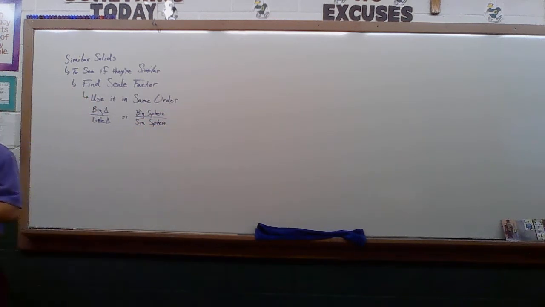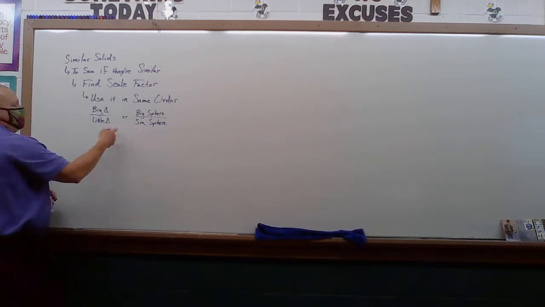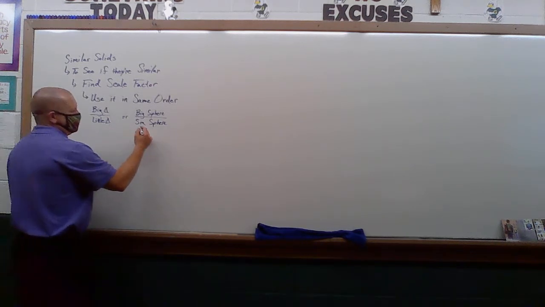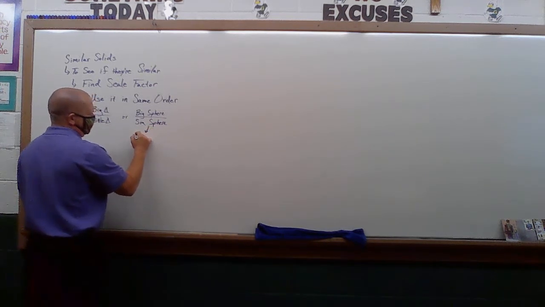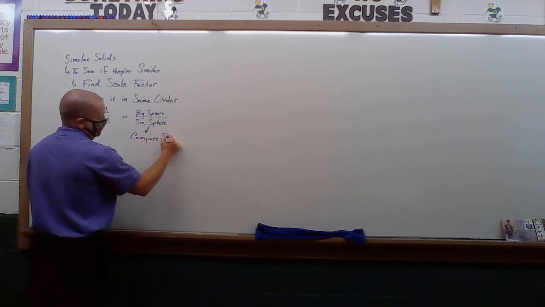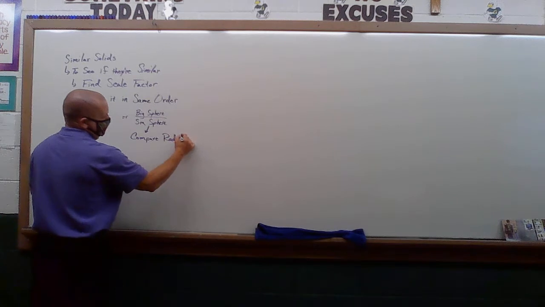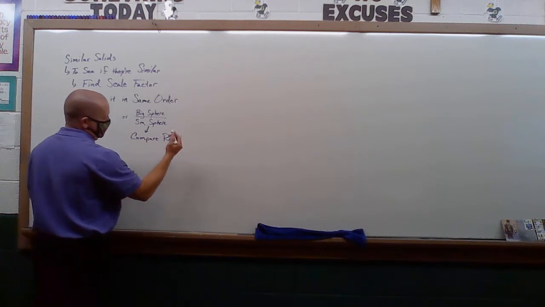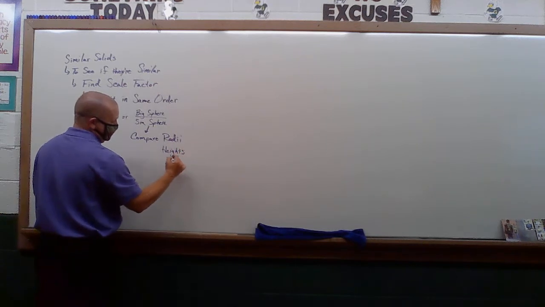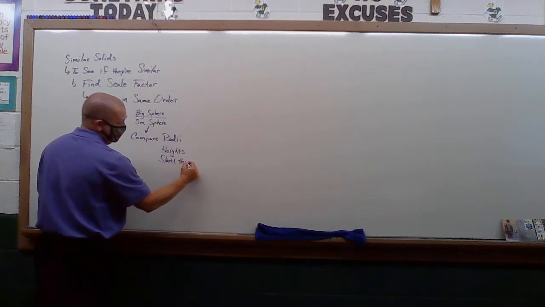And when you're going to do this with figures instead of triangles, you can compare anything that you want. So with spheres, I could compare radii. With cylinders, I could compare heights. I can compare slant heights.